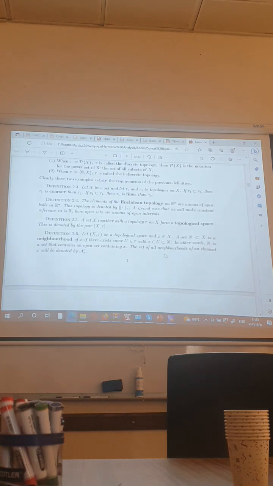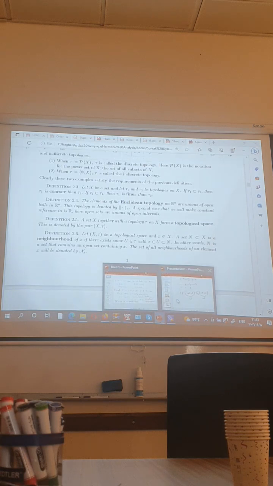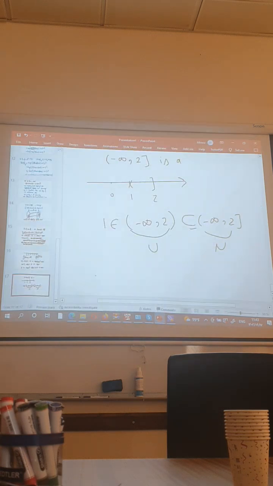The set of all neighborhoods of an element will be denoted by N of x, so that you can write, for example, minus infinity to 2 is an element of N of 1.